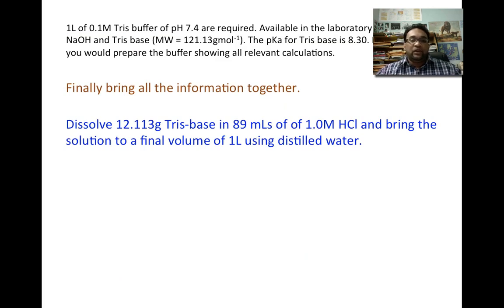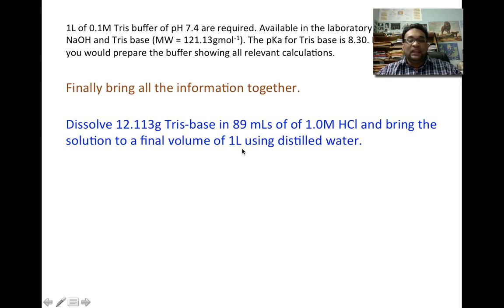Now, finally, you're going to bring all the information together. So you're going to dissolve 12.113 grams tris base in 89 mils of 1 molar HCl and bring the solution. You see, I say bring. Students tend to think, alright, it's 89 mils HCl, so they subtract 89 from 1 liter and actually put a numerical value for the distilled water.